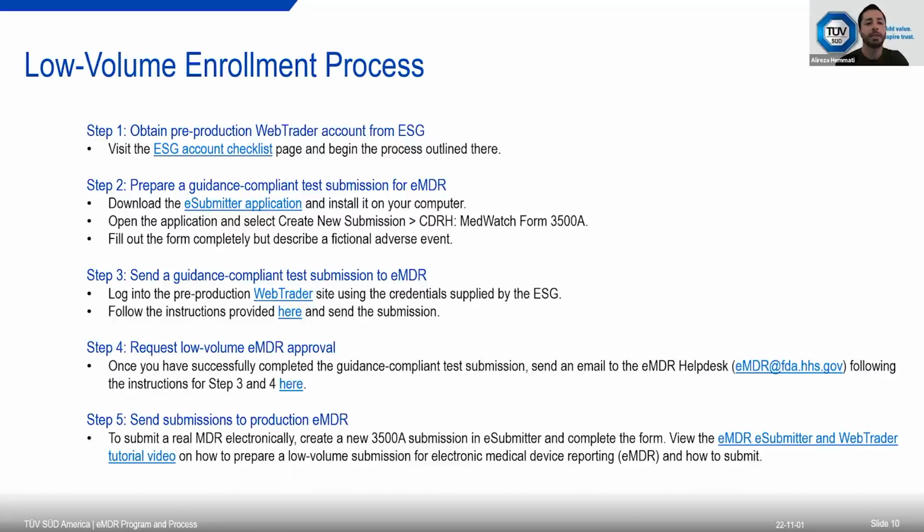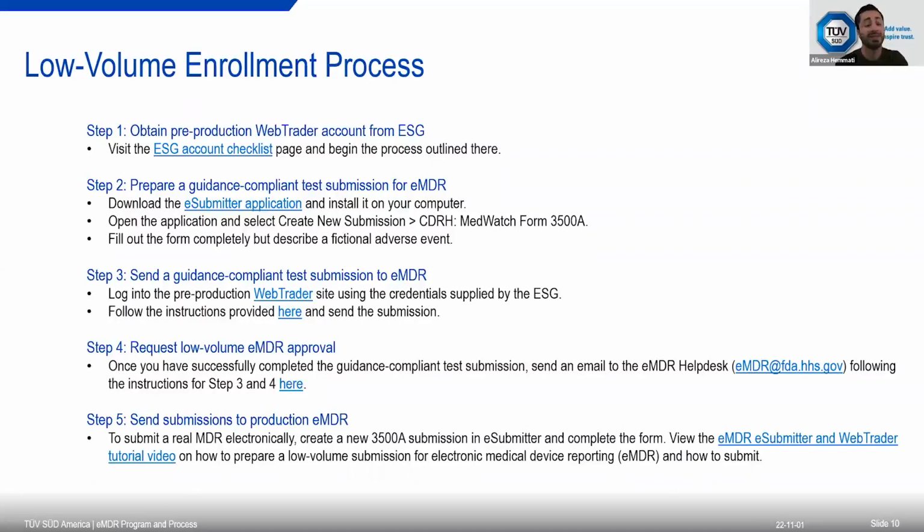Step 3 is send a guidance compliant test submission to eMDR. You log into your pre-production web trader account and follow the instructions to submit that test submission. Then you request low volume eMDR approval.